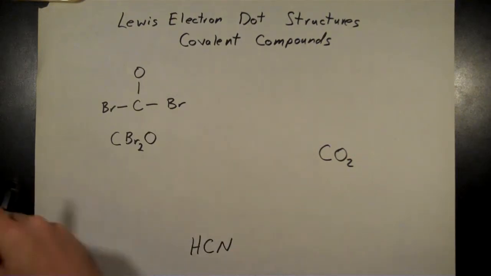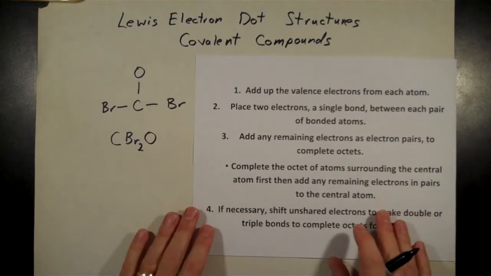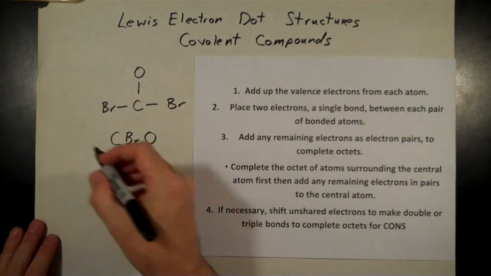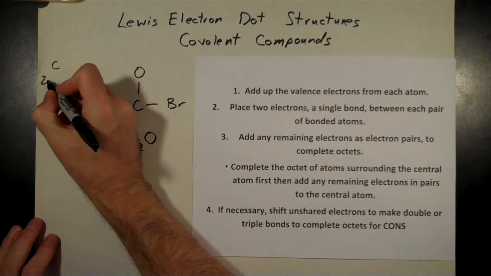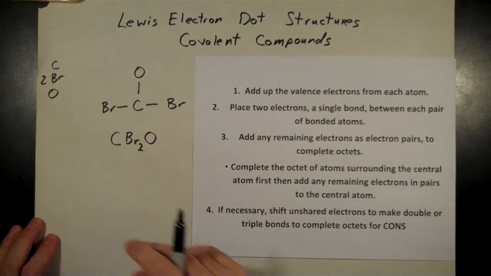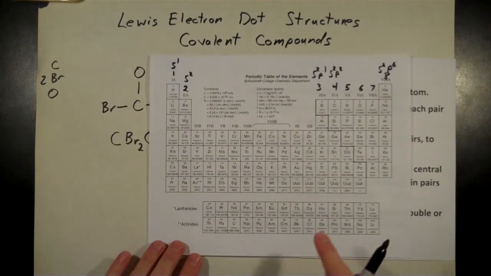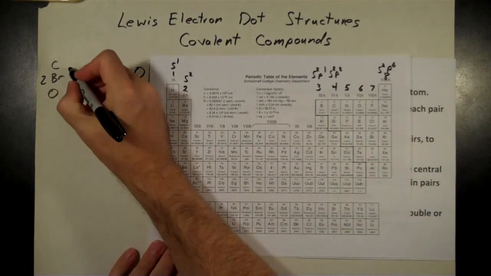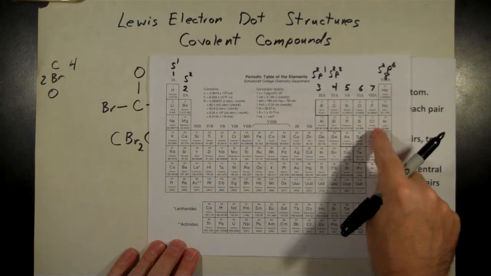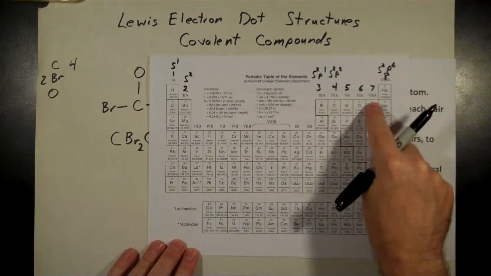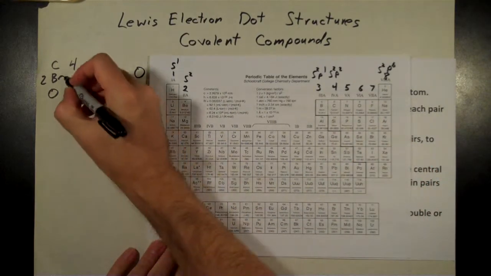And so the next thing we're going to do is add up the valence electrons. So we've got carbon, we have two bromine atoms, and one oxygen. And for this, we'll look at the periodic table here. Carbon's going to have 4 that it starts off with. And then we have two bromine atoms. It's in the same column as fluorine and chlorine, so each one has 7.